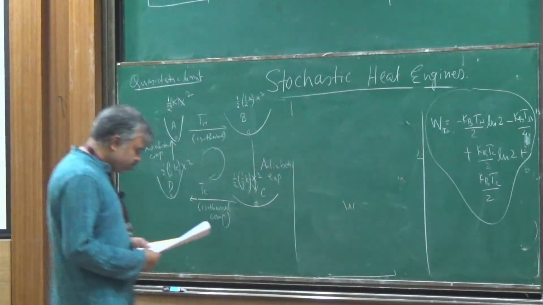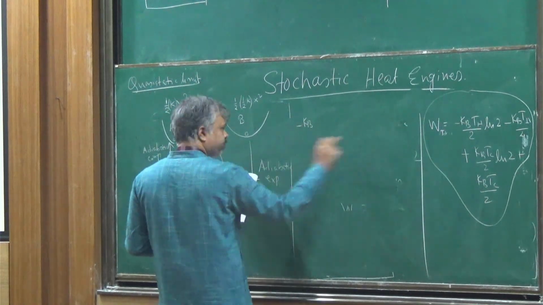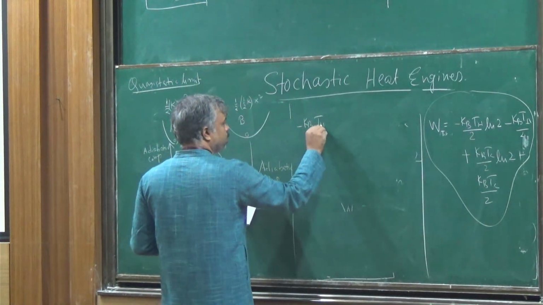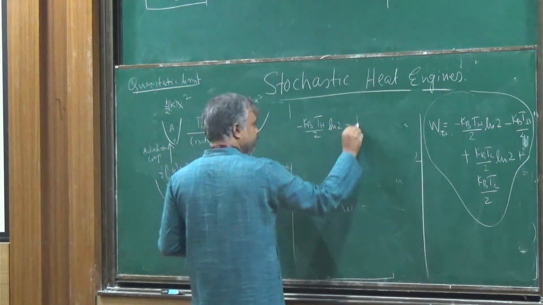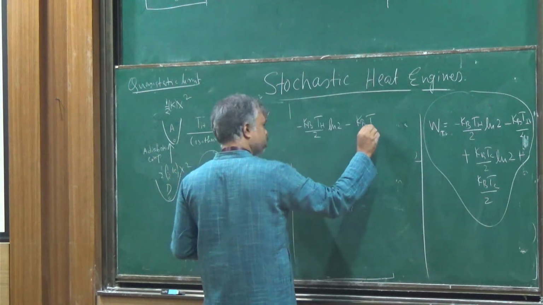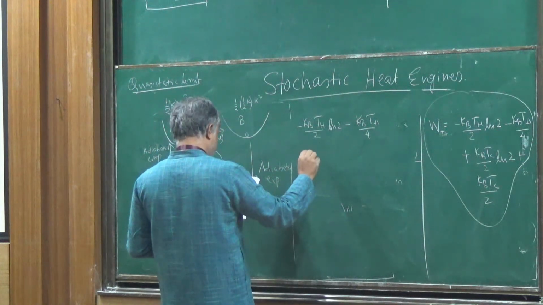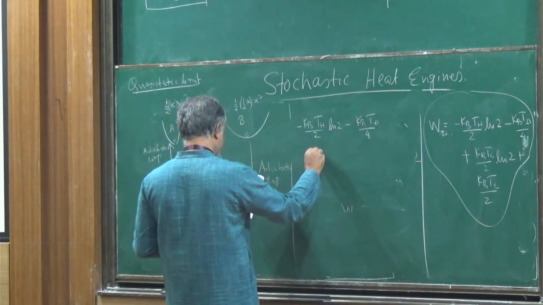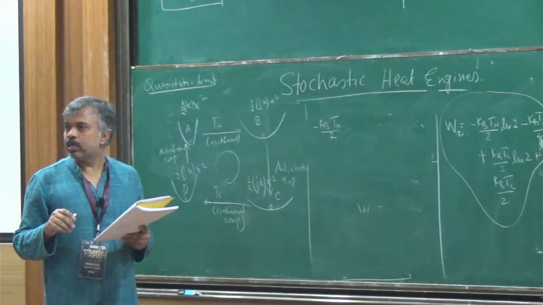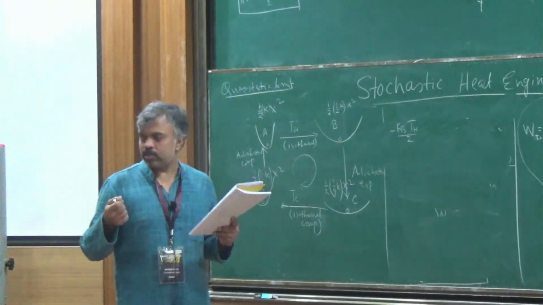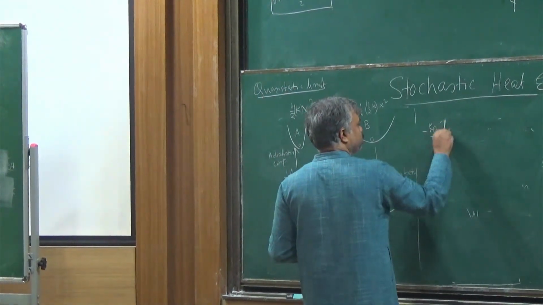That is why negative may come, positive may come. So you can rearrange the terms: k_B T_H by 2 ln 2 minus k_B T_H by 4. This is always negative. Negative means yes, you are extracting work. So k_B, let me rewrite it.